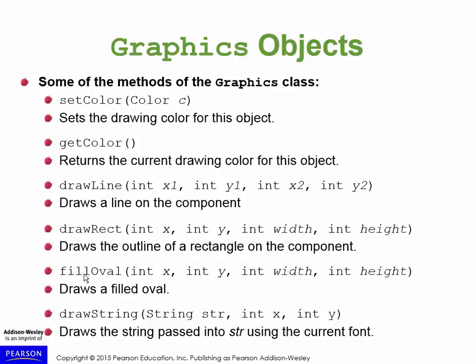We can draw arcs and filled arcs, etc. The other one that you're going to use in here quite a bit is drawString, because once you start creating your own applet, you might want text to go along with it. So you'll notice that the attributes for drawString are the actual string itself, and then where on the XY axis it's supposed to begin.